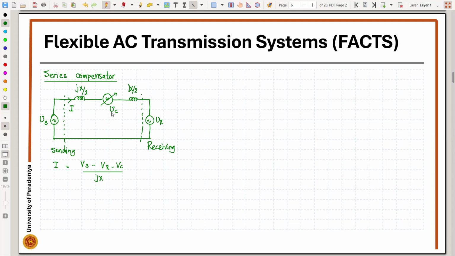Basically, this series compensator is not going to provide active power to the network. Therefore, it only supports by providing or absorbing reactive power.